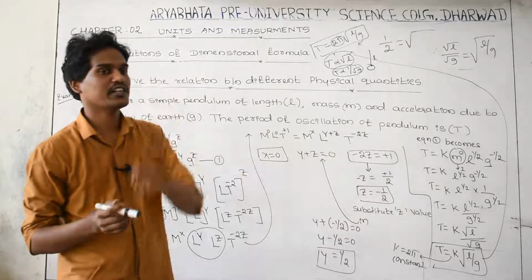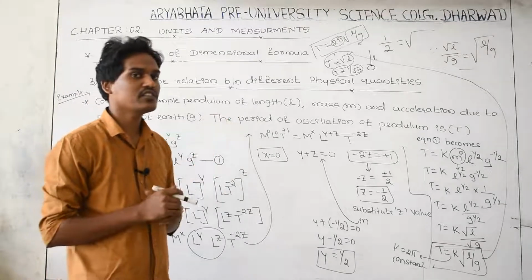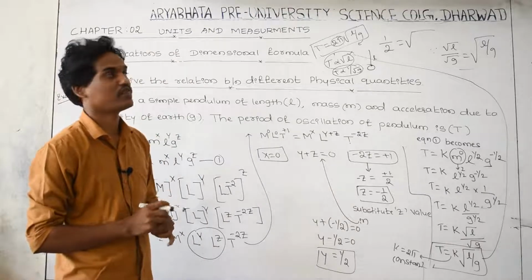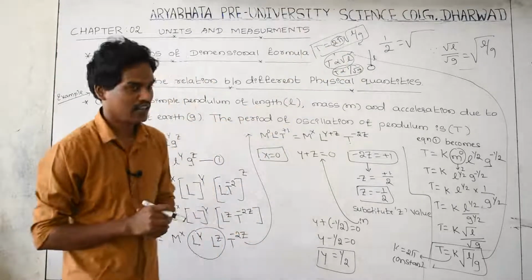The relation between these four physical quantities we have derived using the dimensional analysis method, that is T is equal to 2 pi root of L by g.